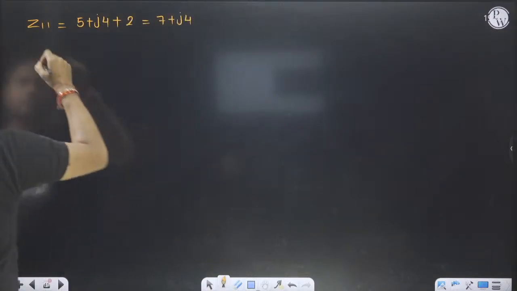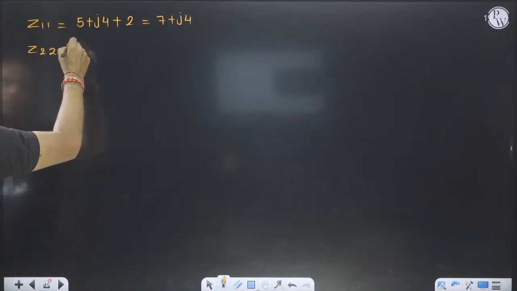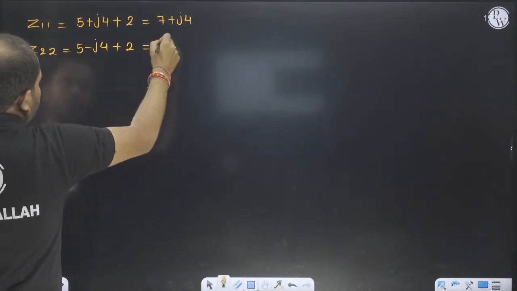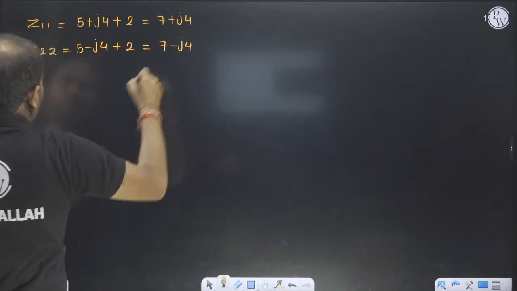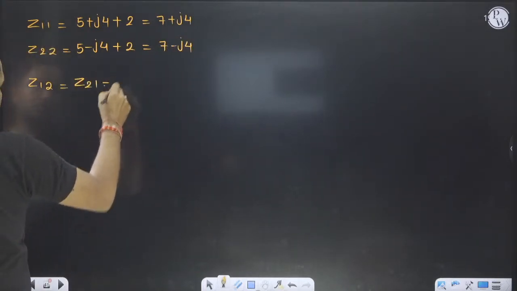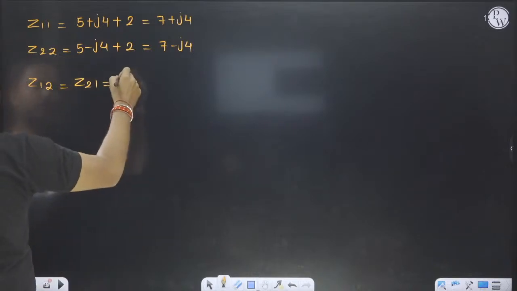And Z22 is equal to 5 minus j4 plus 2, so 7 minus j4. Z12 and Z21 will be equal to 2.